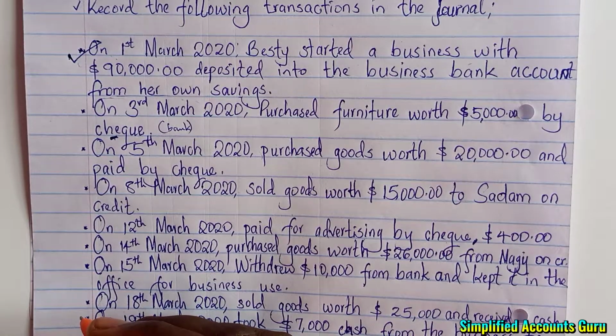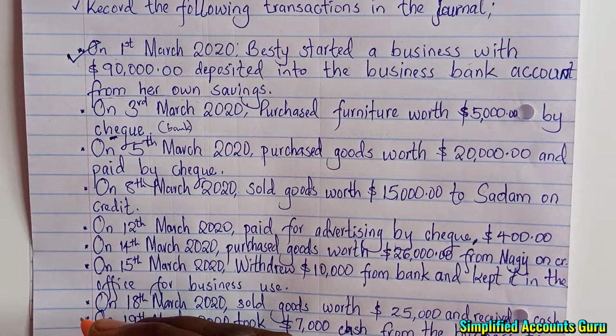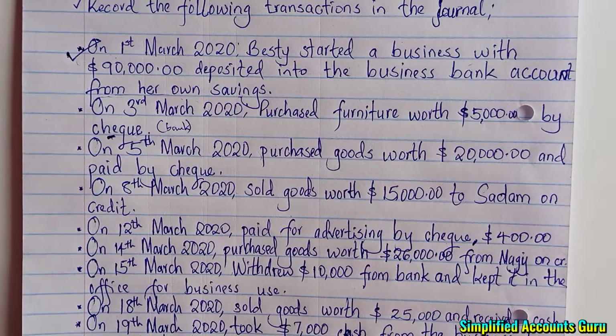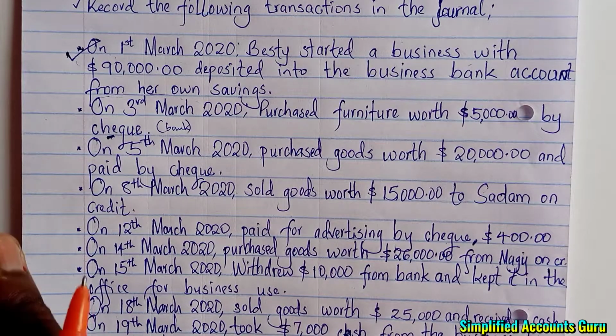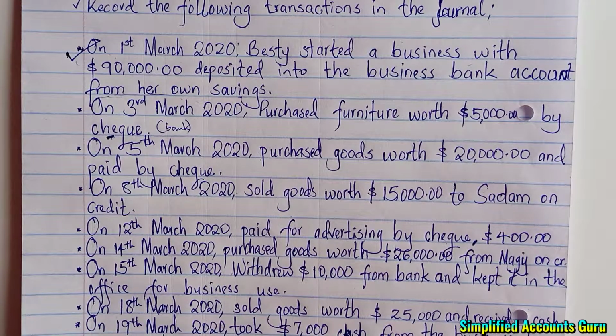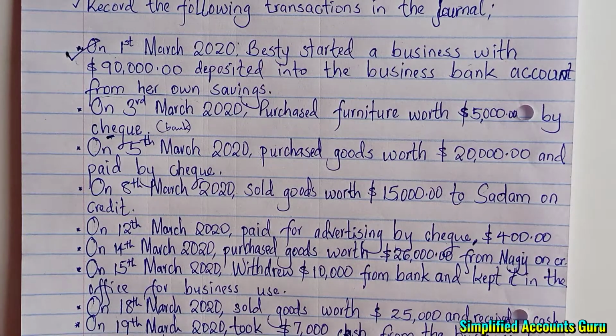We have got an asset that has been purchased, which is furniture. And furniture in this case becomes a long-term asset. The other account that has been affected is the bank account because we have used check to pay for the furniture. The asset bank that we had, part of it has been used to acquire another long-term asset which is called furniture. So we have got two accounts that have been affected here, the furniture account and the bank account.